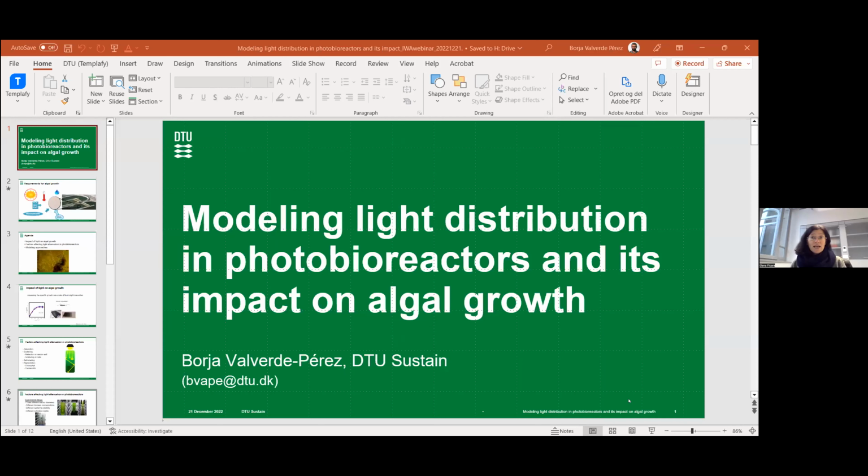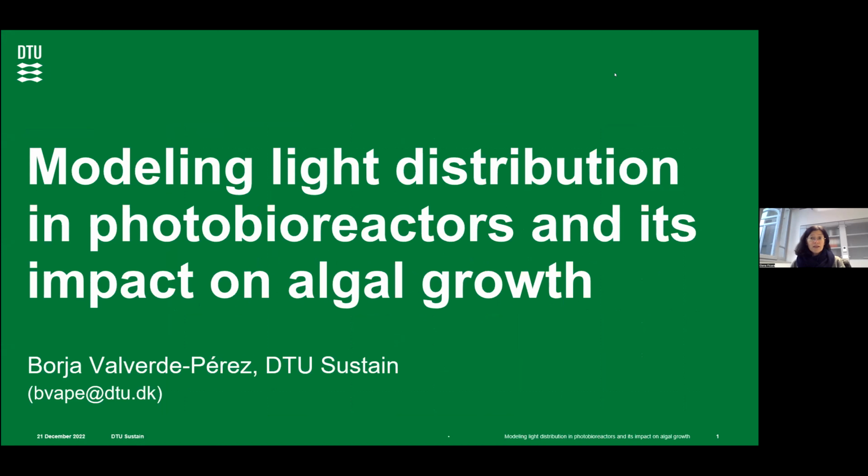And now I think it's time to move to our third speaker. So the next presentation is going to be from Borja Valverde Pérez. Borja graduated as a chemical engineer at the University of Santiago de Compostela in Spain and specialized in bioprocess design and control. He pursued a PhD at the Department of Environmental Engineering at the Technical University of Denmark, focusing on resource recovery from municipal wastewater, combining activated sludge processes for nutrient removal and microalgae cultivation.